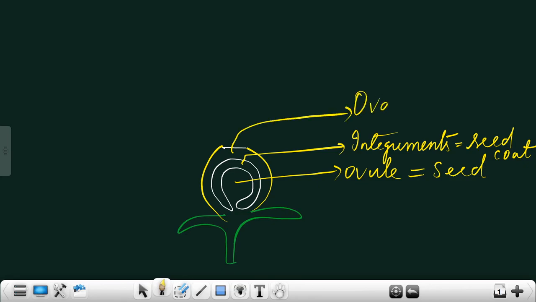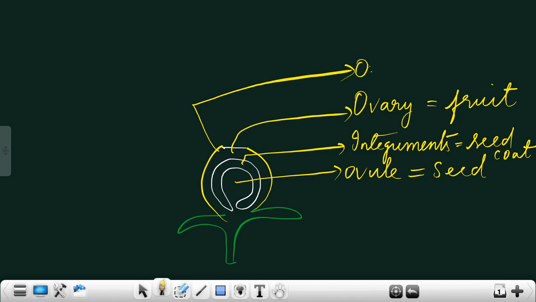The ovary becomes the fruit, and the ovarian wall, that is the outline of the ovary, the ovarian wall becomes the fruit wall, that is the pericarp.